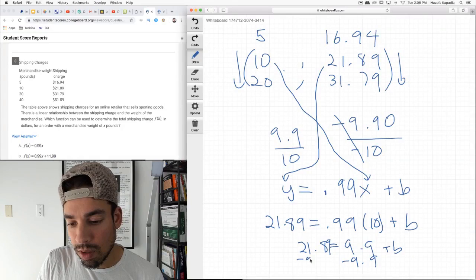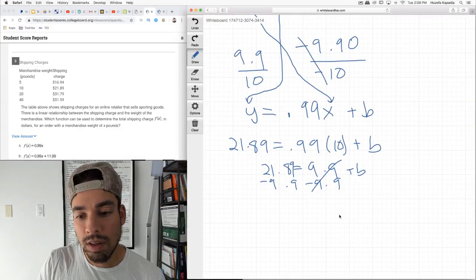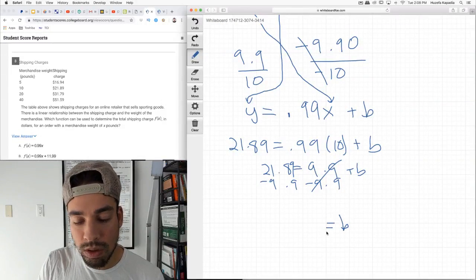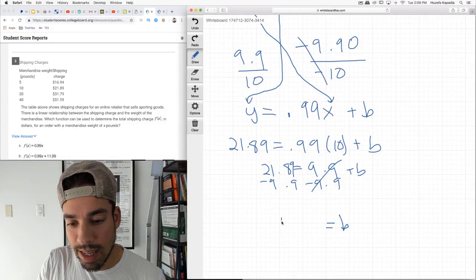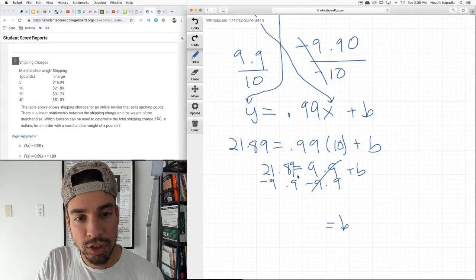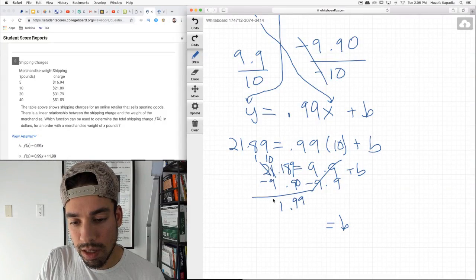We're going to subtract 9.9. And I've got b equals, let's see. Here, let's actually do the subtraction carefully here.